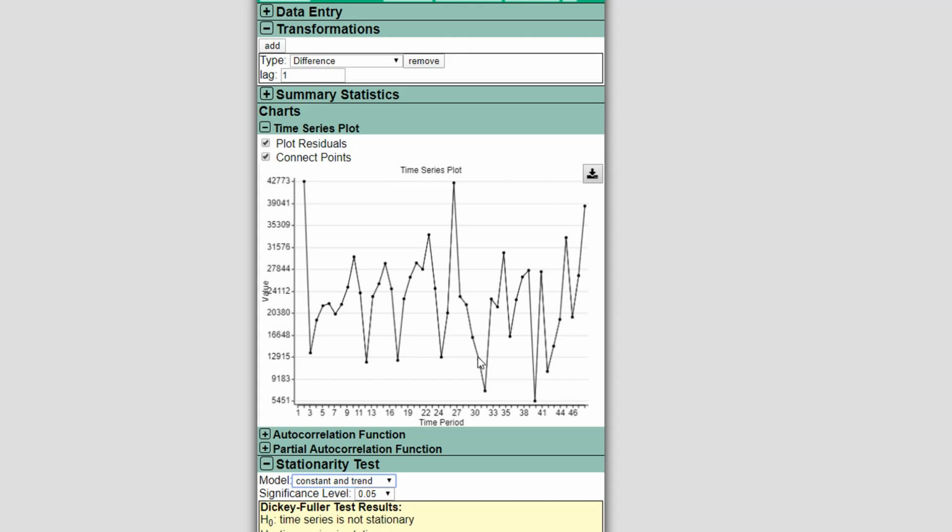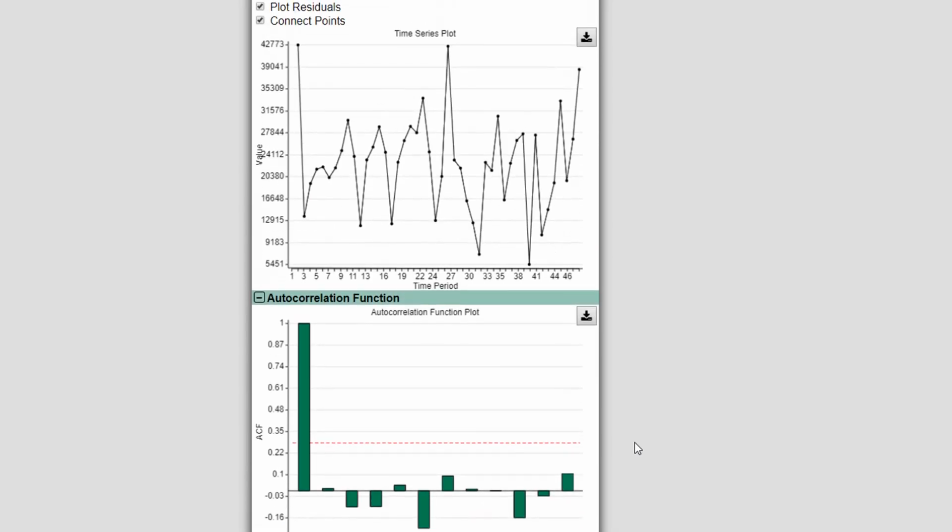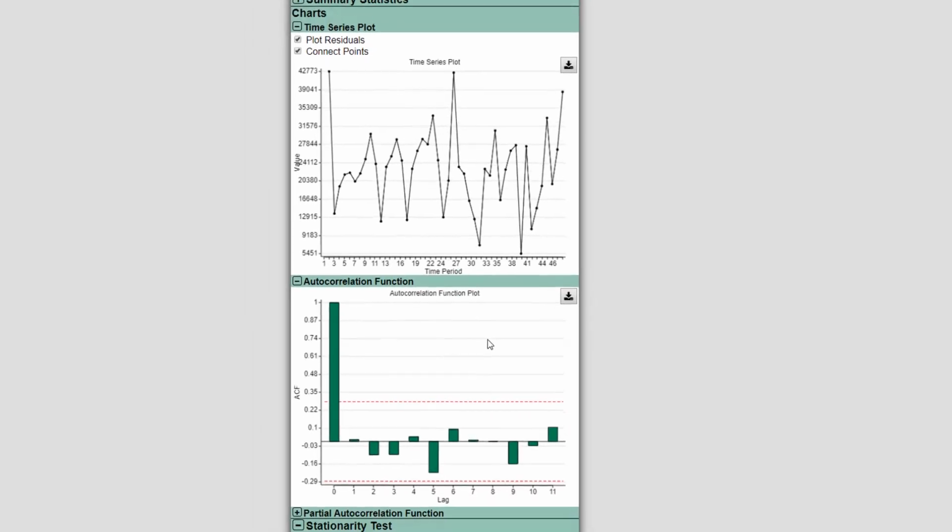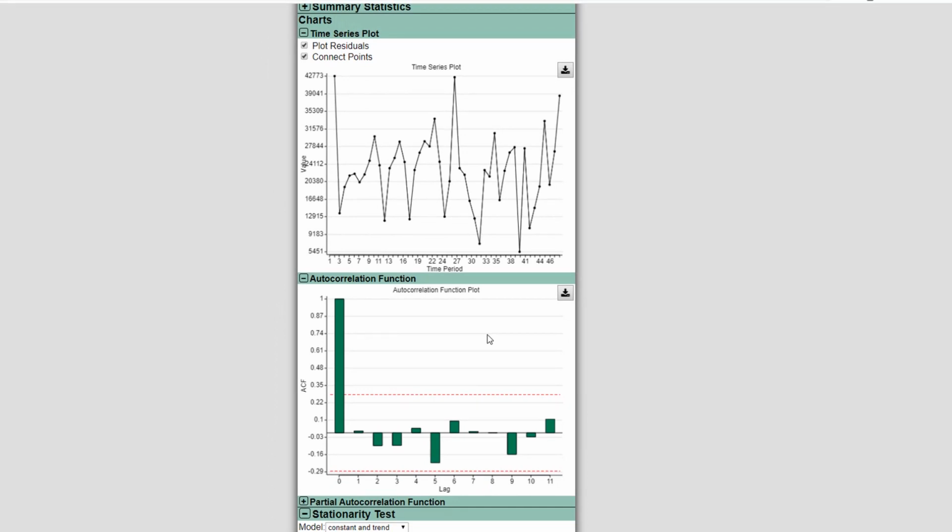Another thing that you can use to assess whether it's stationary or not is to look at the autocorrelation function. For a stationary time series, the autocorrelation tells you, at each lag, where a lag is a difference between two time periods, so a lag of 1 is the difference between now and one time step from now, for two values separated by one time step, how correlated are they?